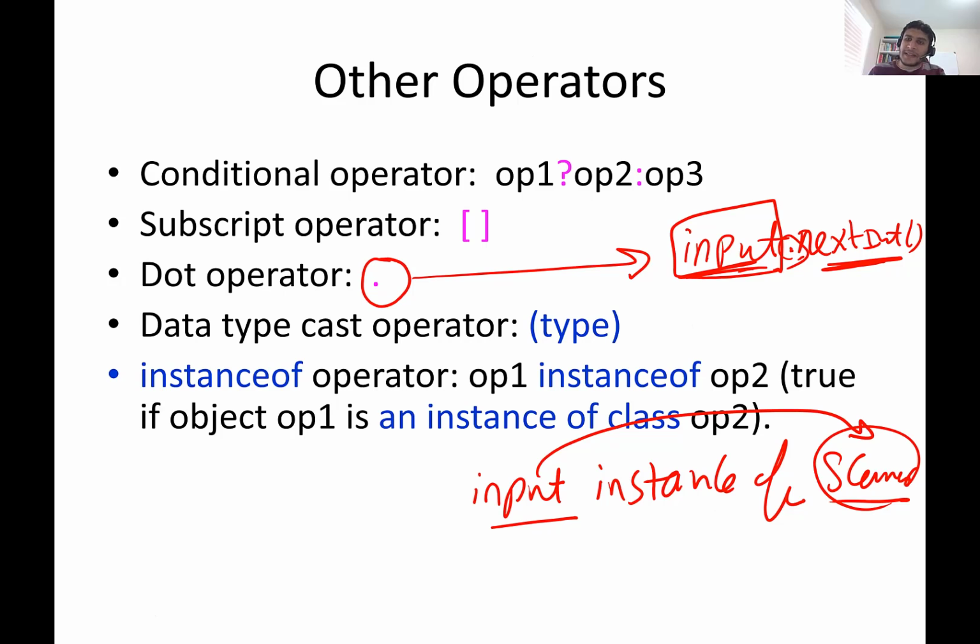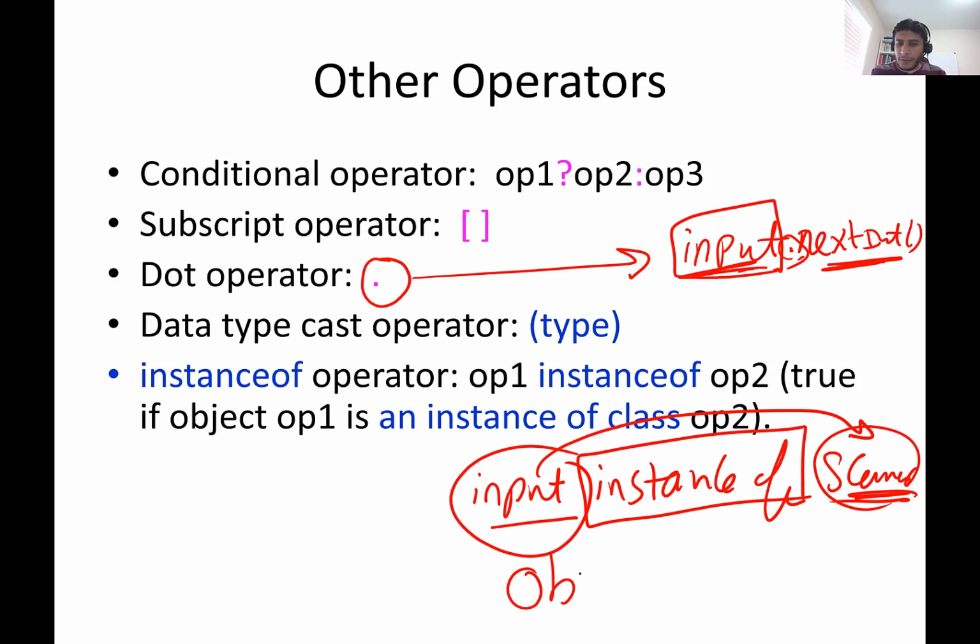This is what we did in the first example by declaring an instance, or an object, of the class Scanner, and we called it input, correct? So dealing with objects and classes in Java gives us the need to know whether a certain object is created from a certain class or not, right? So input, the one that we created in the example, is an object of the class Scanner, correct? So in this case, if input is an instance of Scanner, it gives you true, because what instanceof does is check whether an object is an instance of a certain class.